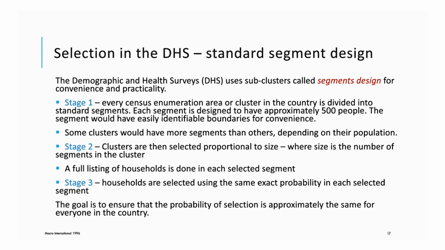Then the next level of selection would be to randomly select segments in each of the clusters. Then, depending on the size of segments, they can go to selected segments and enumerate every single person or every single household. But better still, a random sample of households in each of those segments might be implemented.